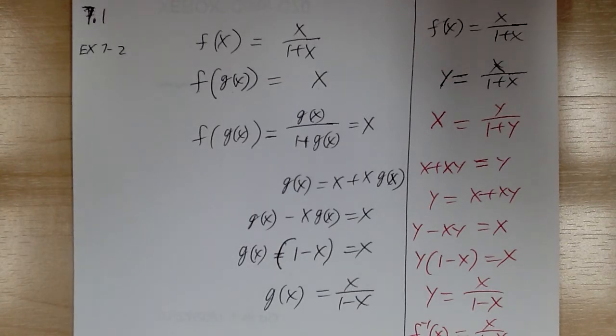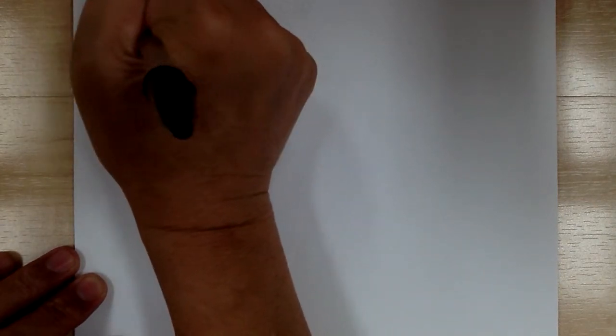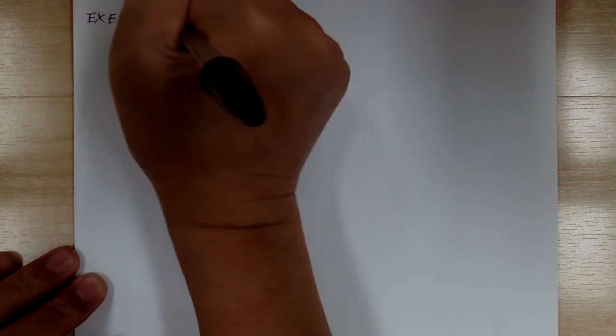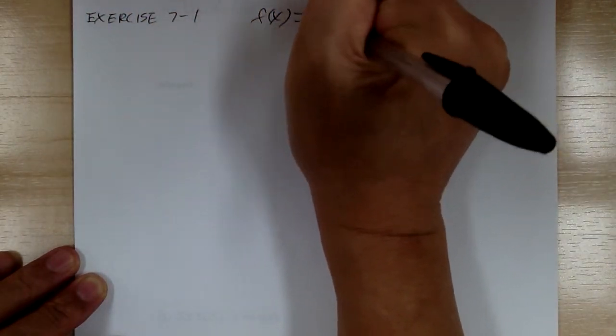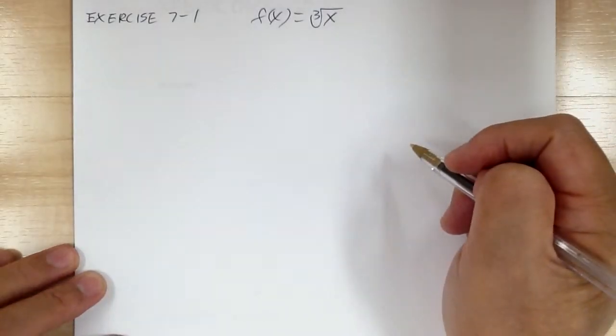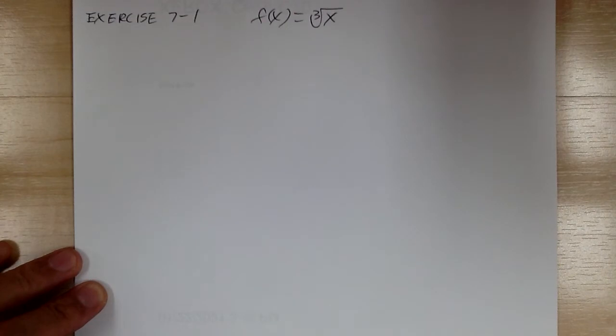Okay, let's go to the next example. Actually, the exercise. So let's go to page 94 and let's look at exercise 7-1. Okay, you have f of x equal to cube root of x. So what's the inverse function? Okay. So again, you can do it two ways.